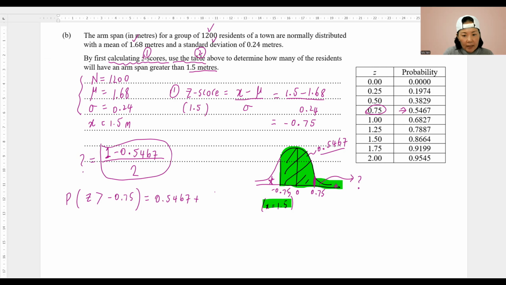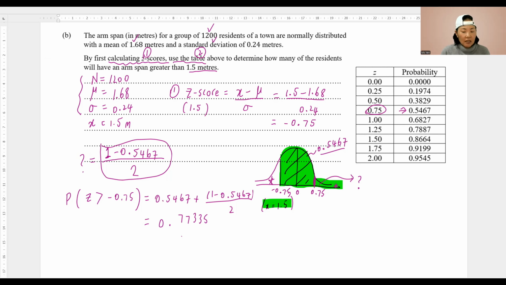I'm going to put that in here. I put all that in my calculator, I will get 0.77335. Now that is just my probability of people whose arm span is greater than 1.5.